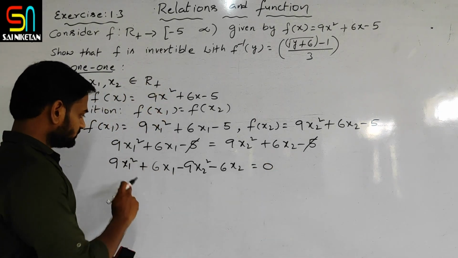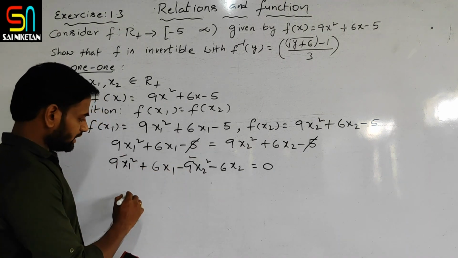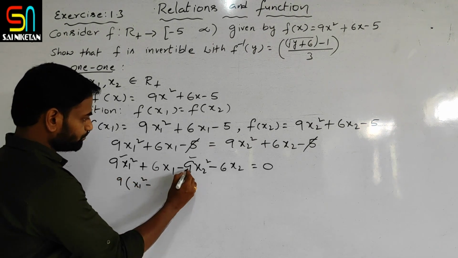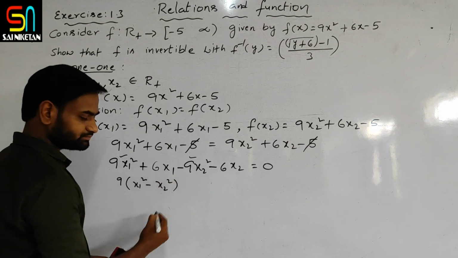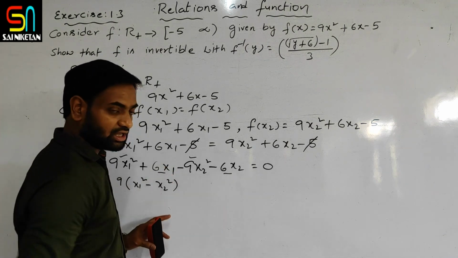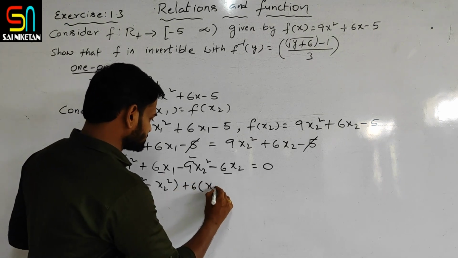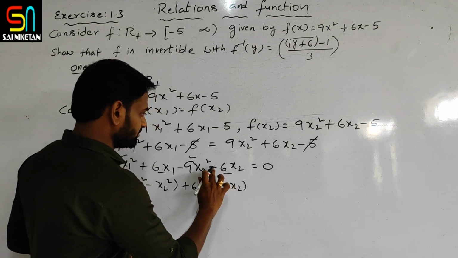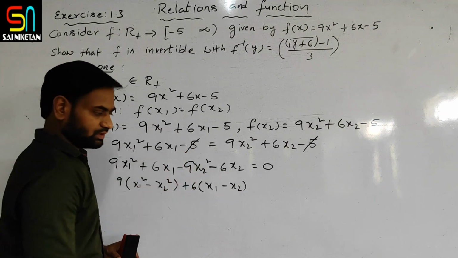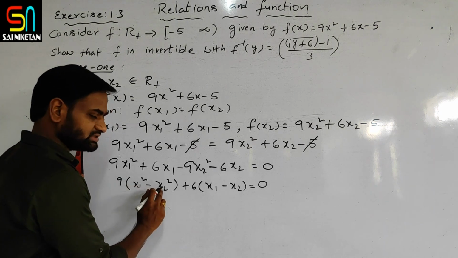Now here, in this term and this term, 9 is common. I am taking 9 common. That is x1 square minus x2 square. Next, in the remaining two terms, the common term is 6. I am taking 6 common. That is x1 minus x2 is equal to 0.